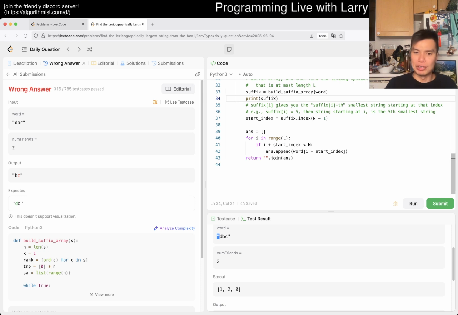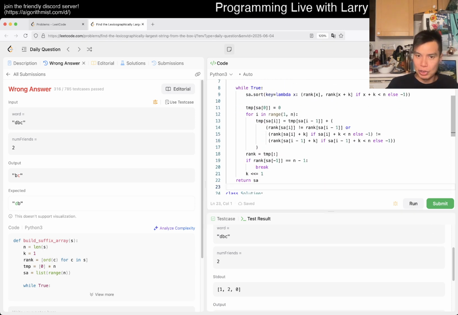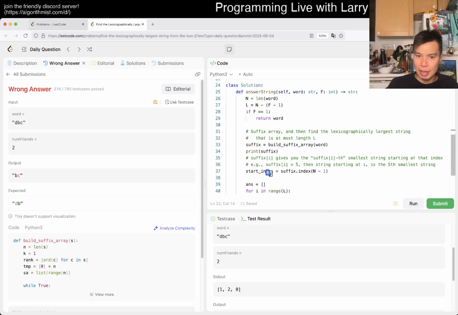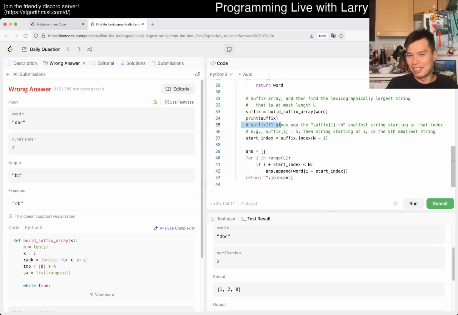Oh, I think I'm confused. Okay. I think we just got very lucky. Let me double check real quick. Yeah, so I interpreted the suffix array wrong. So that's why. So this is not the case. What this is that, no, this is right. No, you're right.